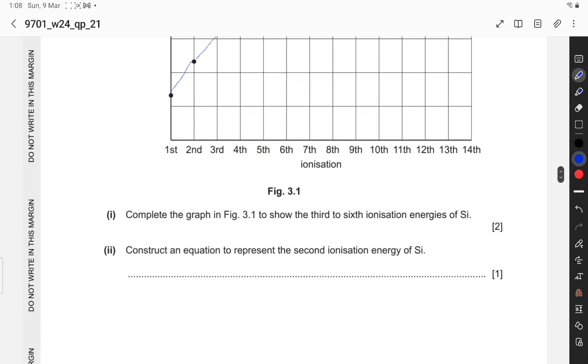Construct an equation to represent the second ionization energy of silicon. In second ionization energy, silicon exists in ionic form. This is gaseous ion to form silicon 2 positive plus electron.